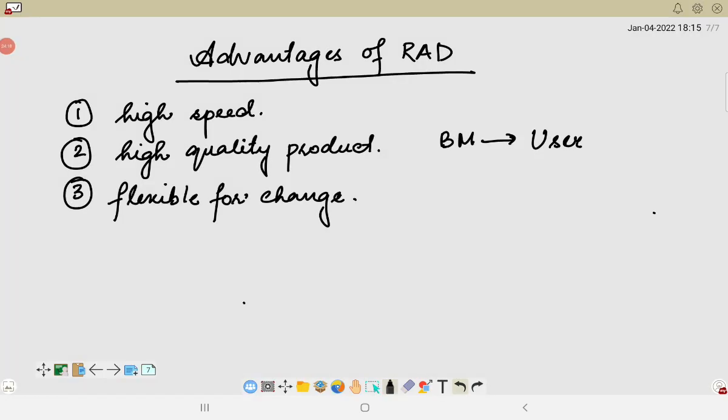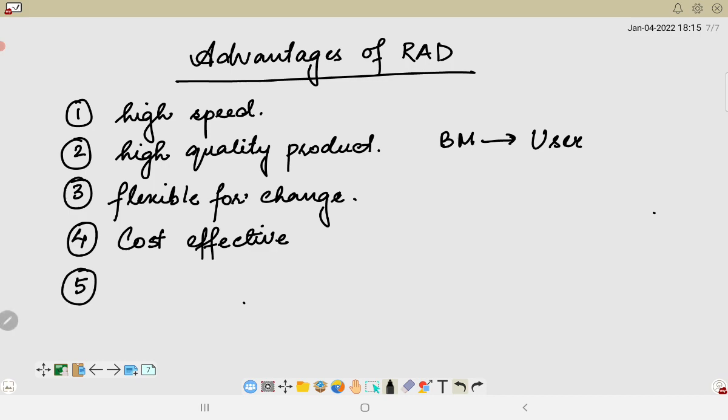The fourth advantage related to this model is that it is cost effective, because it uses fewer developers, and also most of the work is done by the CASE tool set.